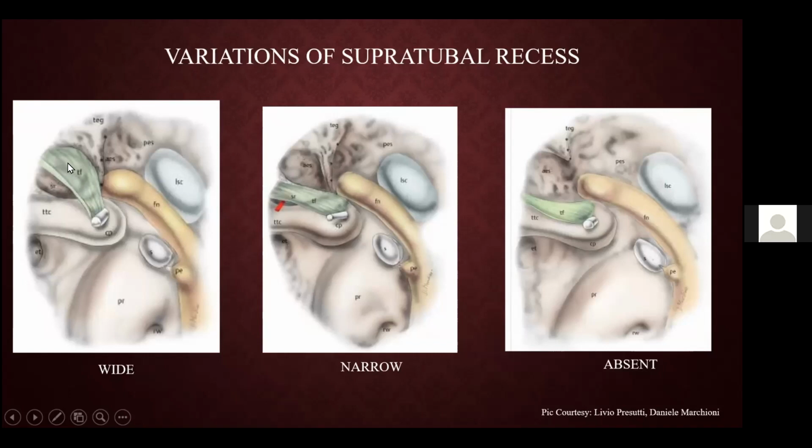If the tensor tympani fold is angulated vertically or almost vertically and attaching posteriorly to the cochleariform process and superiorly to the cog, which I said, then there will be a significant, or wide, supratubal recess. In cases of a horizontal or more flattened attachment of the tensor tympani fold, there will be a narrow supratubal recess, and sometimes there can be an absent supratubal recess also.